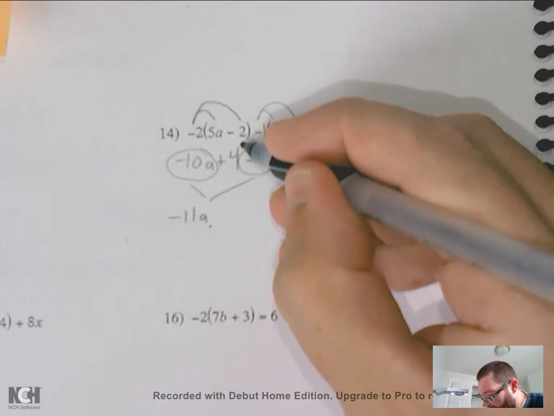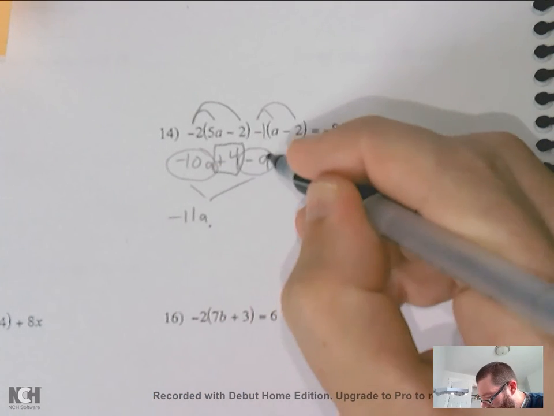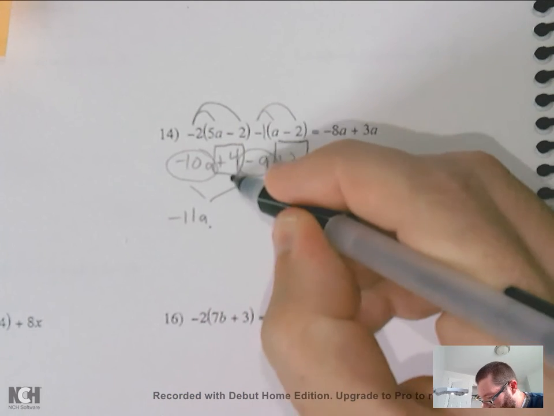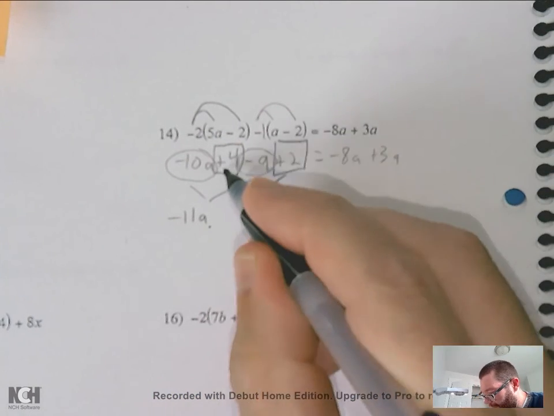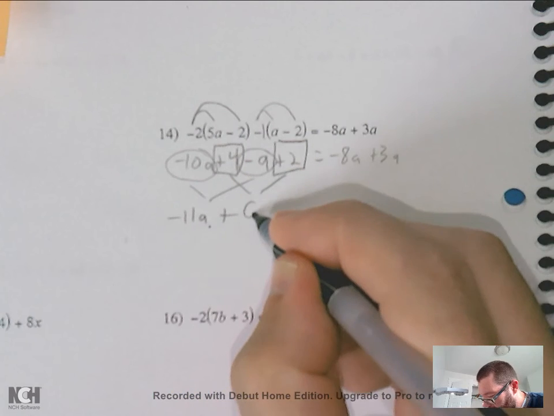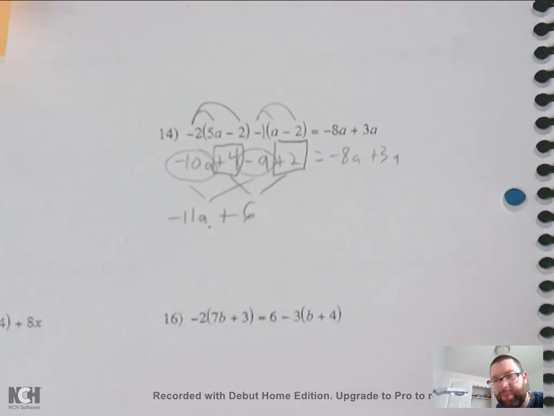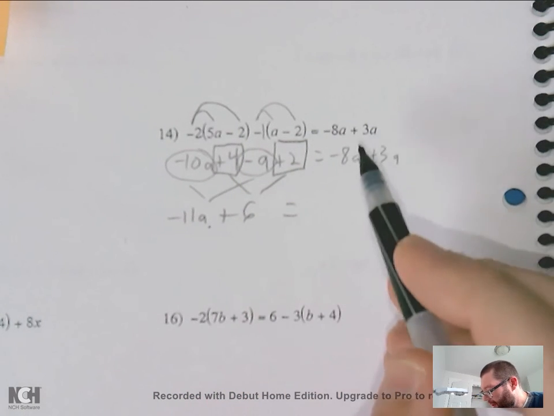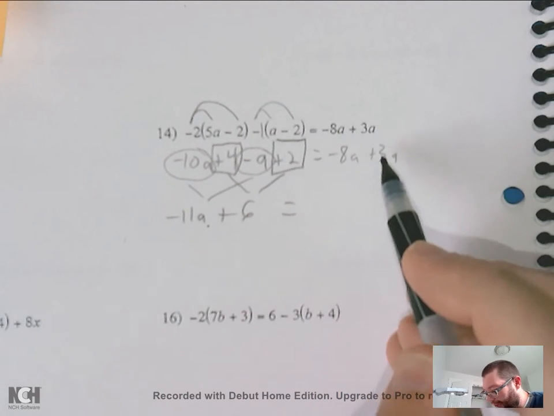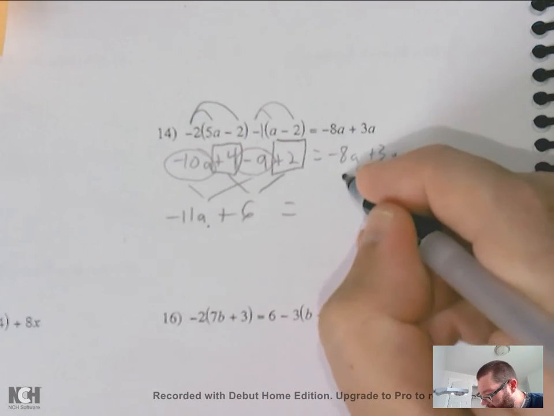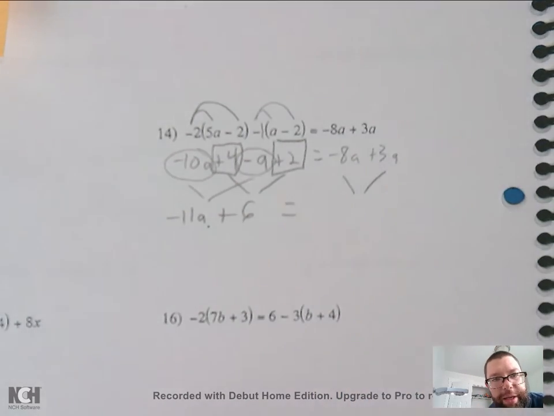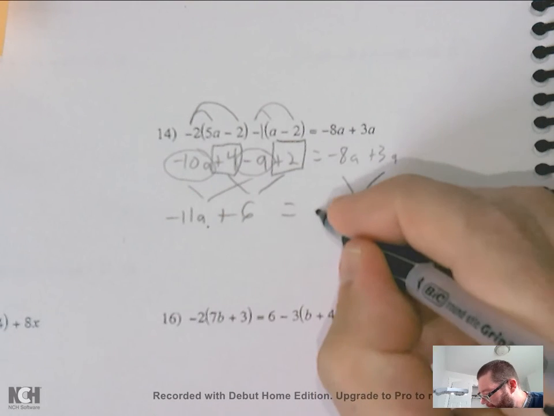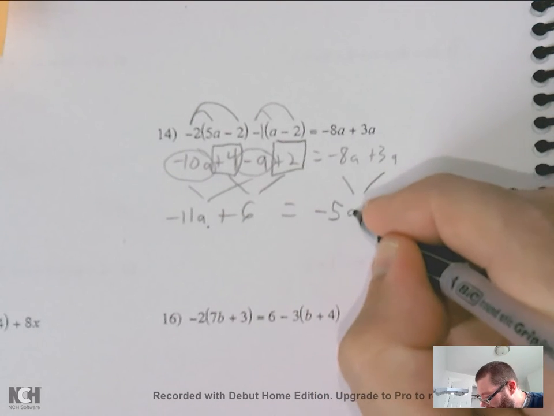And then I've got a positive 4 and a positive 2 that I can combine. So that would be 4 plus 2, which is 6. So plus 6. Okay. On the other side of the equation, I got a negative 8 and a positive 3. So that's like negative 8 plus 3, which would be negative 5, right? Negative 5a.